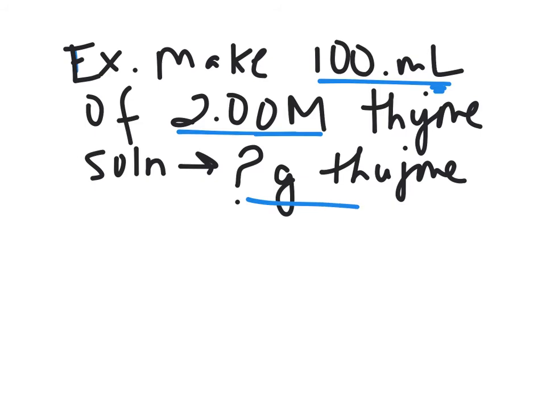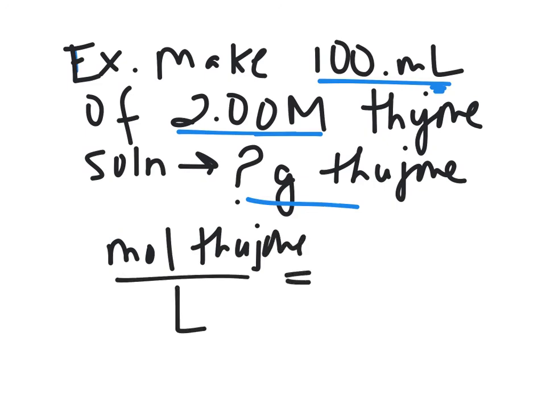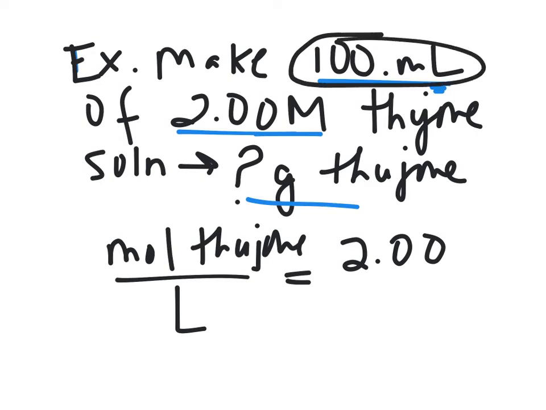So you could think of this a lot of different ways. So we know that the moles of thujone per liter that we want is 2.00. And we also know that the volume we have in particular is 100 mils. So we can plug that in down here. If we convert it to liters first, 0.100 liters, that's our volume.